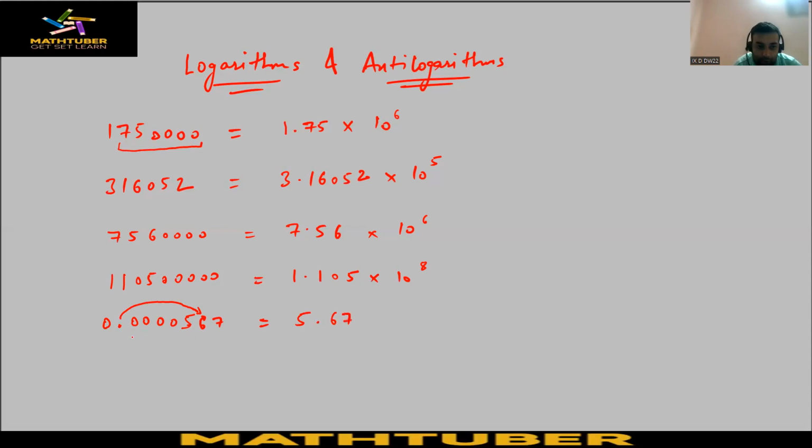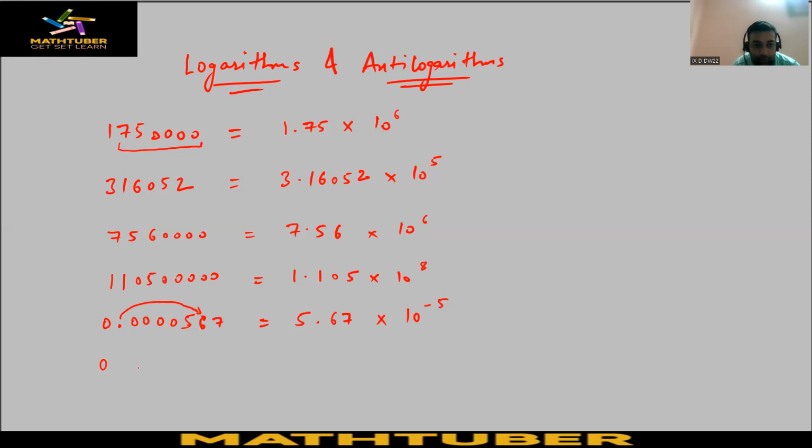And you have to count, because we are shifting the decimal to the right hand side, so the power of 10 will be negative, and it will be equal to the number of digits in between the two places where the decimals are. So there are 5 digits between the older place and the newer place of the decimal, so it will be 10 raised to power minus 5.